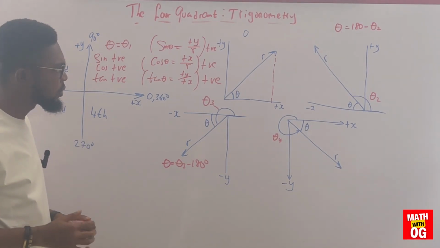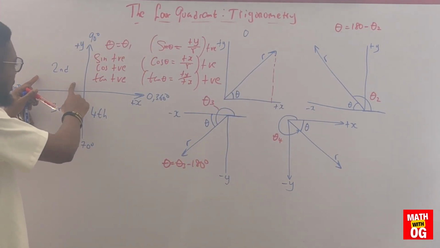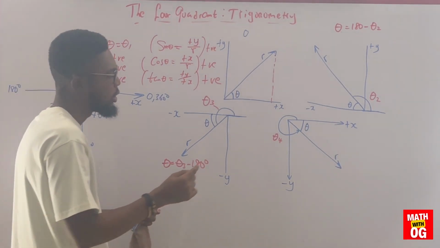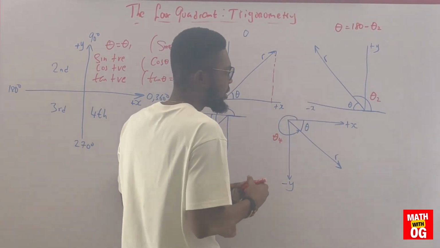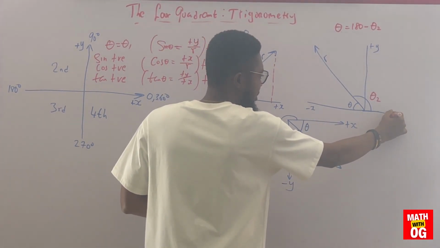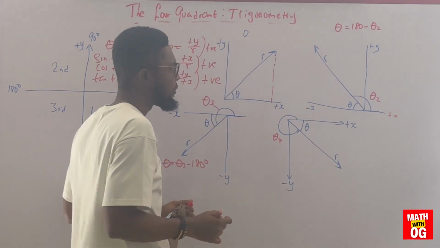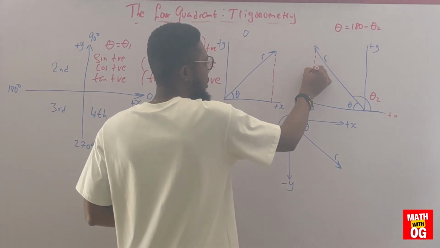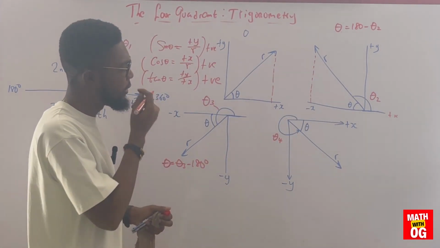Now let's move on to the second quadrant. So this is the second quadrant here. Any angle that I'll be looking at, we start from positive x down to this particular point. So this is theta 2. However, you need to create a relationship for sine, cos, and tan to show if it's positive or if it's negative.